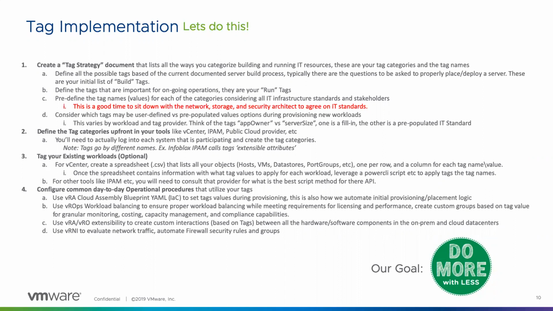What does it take to build a server? What are the questions that need to be asked? And you're putting them down on paper and saying, when we build a server and we have to ask the question, is it prod, non-prod, test, dev, QA, whatever those different options are, it has to be agreed what are all those options and what is the actual name, and let's put it on paper.